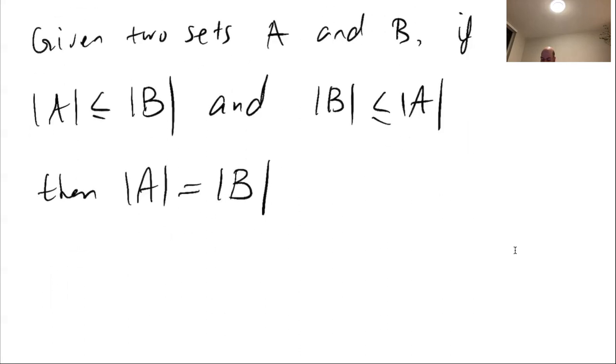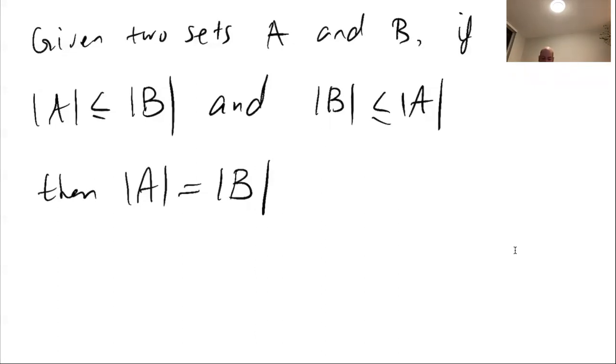What does that mean? In other words, if I want to translate this into a language of functions, because the original definitions of all these concepts were done with functions, whether you can construct a one-to-one function from one to another, or whether you can construct a bijection from one to another.